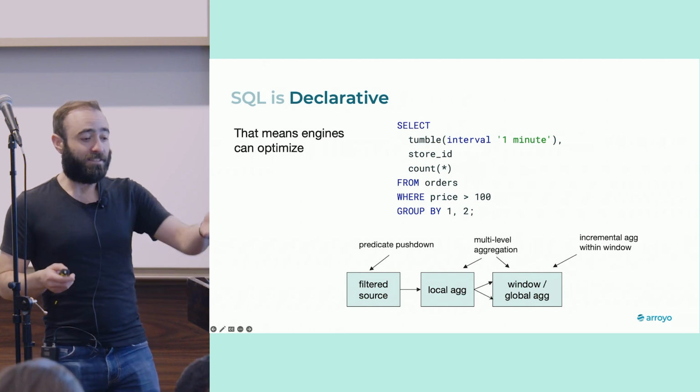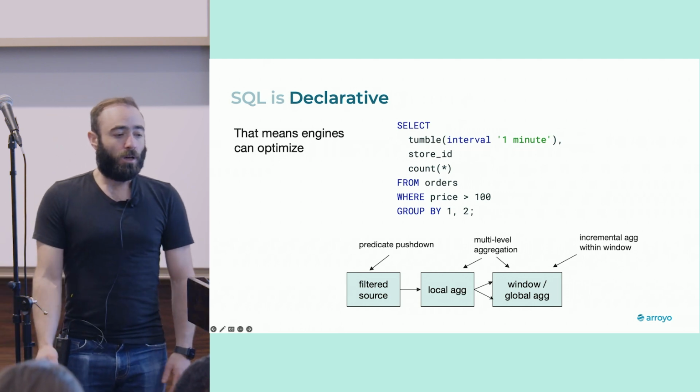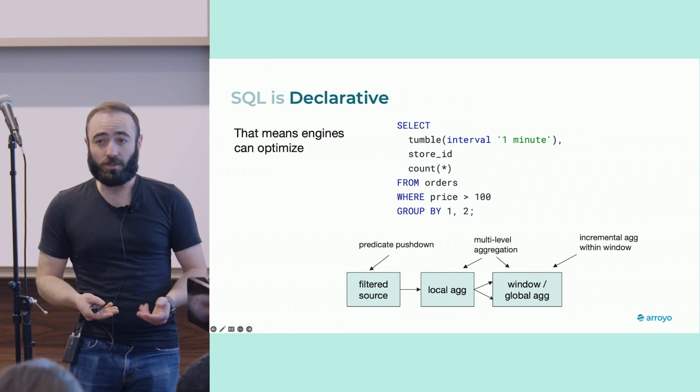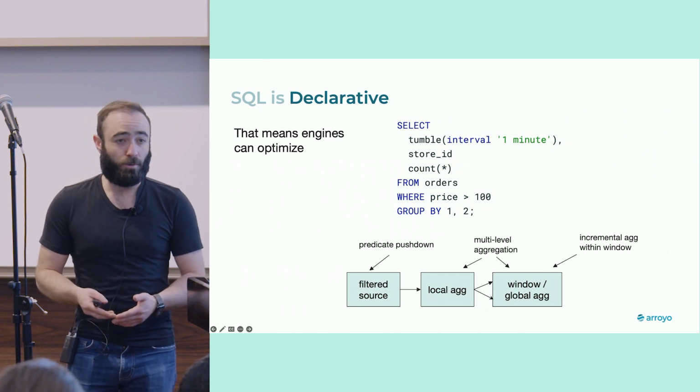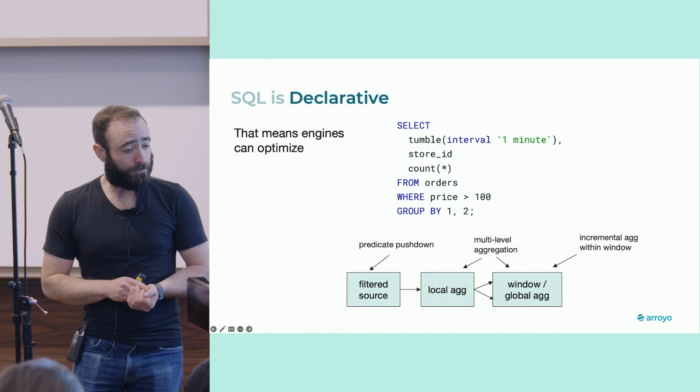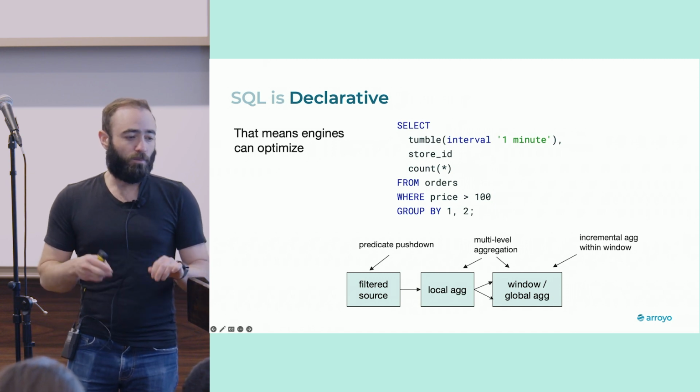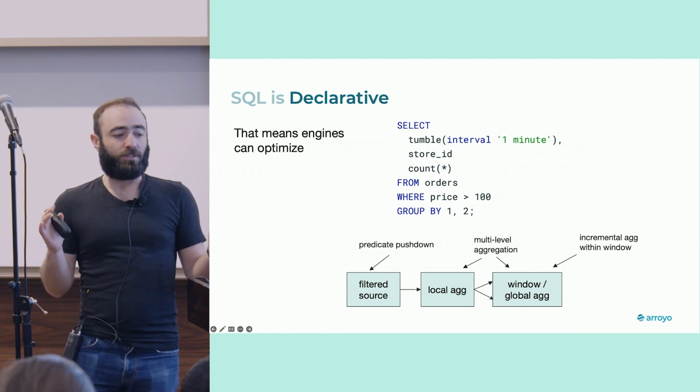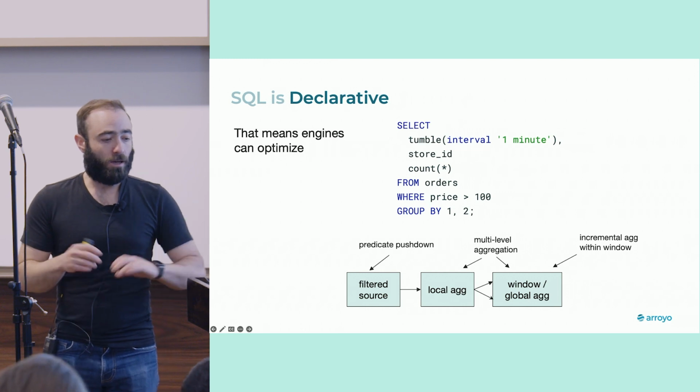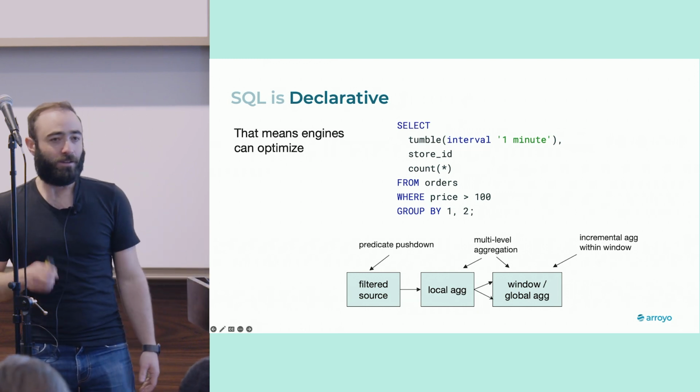So ideally, this is actually what we'd like to do. We'd like to push the predicate into the source, so filter the data when we read it, as opposed to after we've read it. And then we want to split this count star into a local and global aggregate.